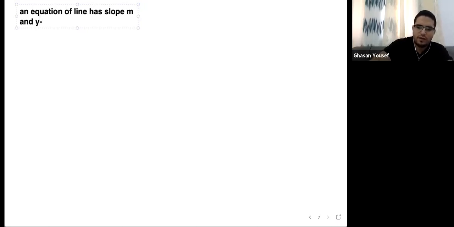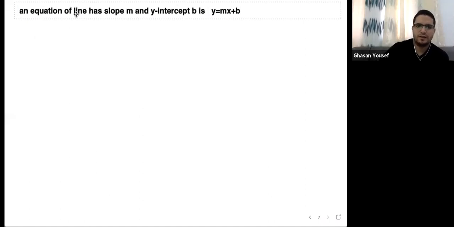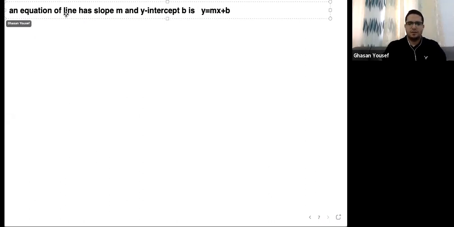If the y-intercept is given in the question, the equation is y equals m times x plus b. An equation of a line has slope m and y-intercept b, so the equation is y equals mx plus b.